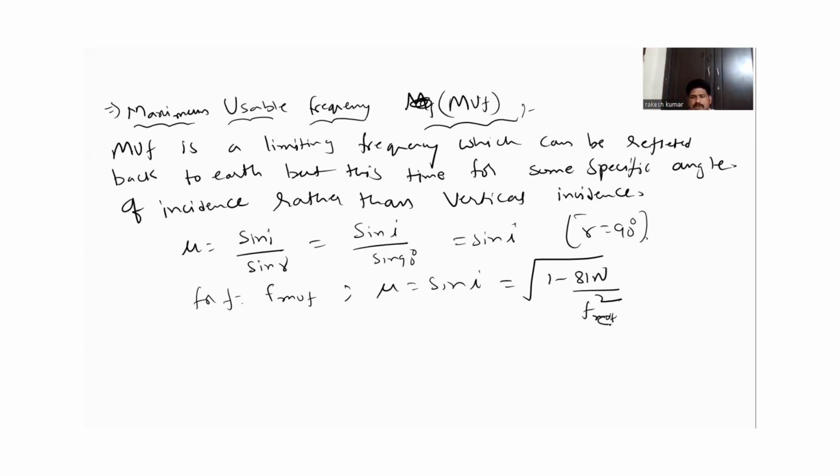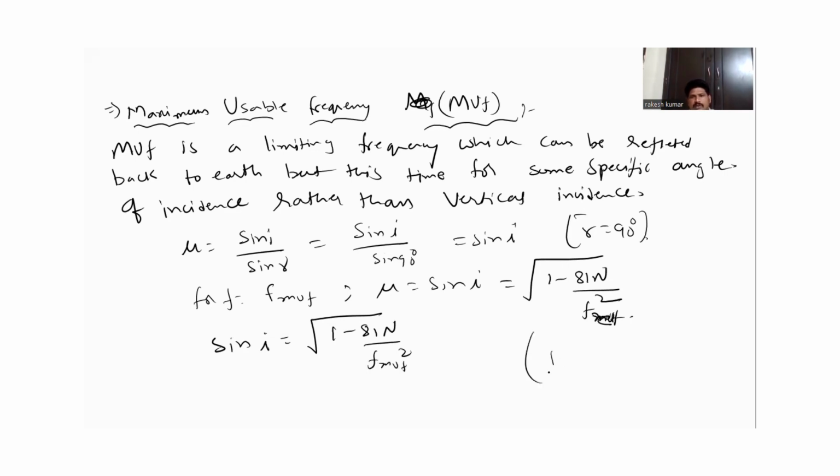Or fc square generally, it is 1 minus 81 N by f0 whole square. Okay, so from this, sin i is equal to root of 1 minus 81 N by f0 square.